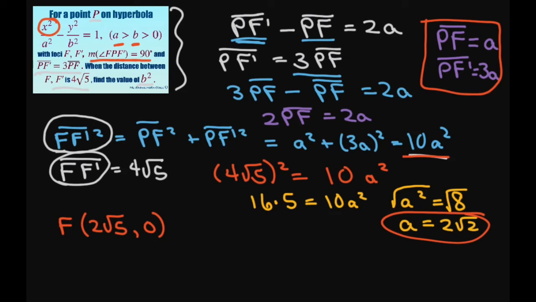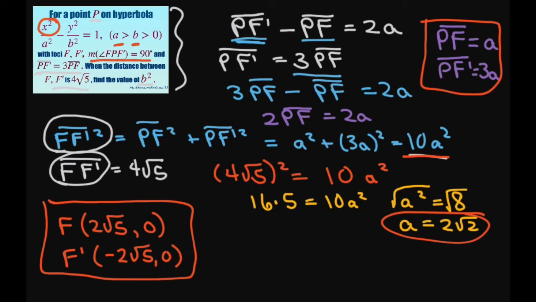We have a horizontal transverse axis, and then F prime is going to be negative 2 square root of 5, comma 0. So that's your foci here for our hyperbola. Also, that means that's our C. So our C equals 2 square root of 5.